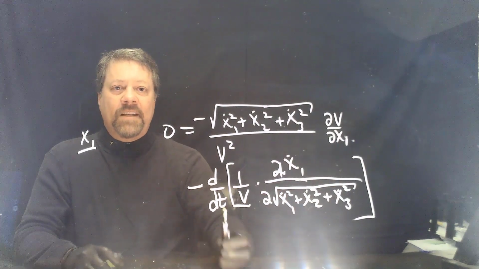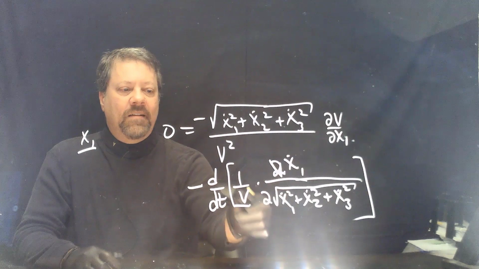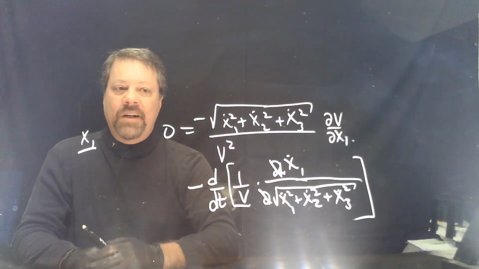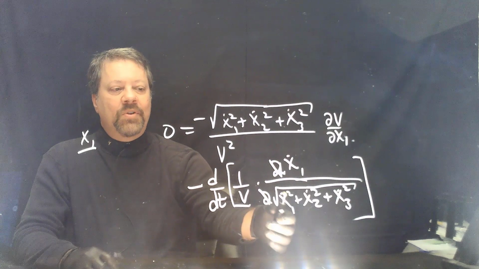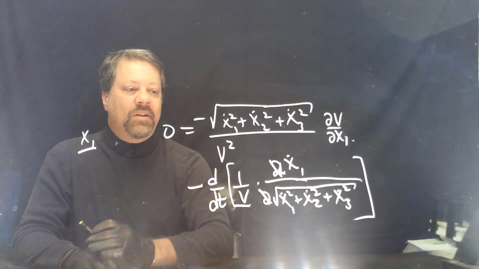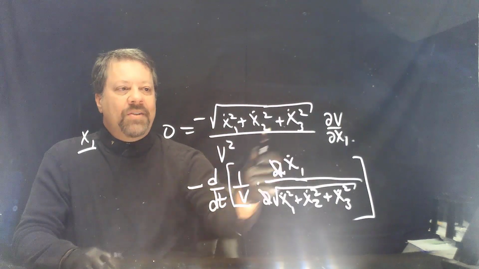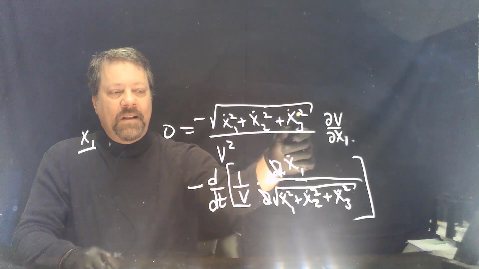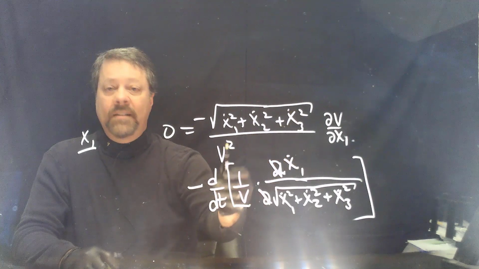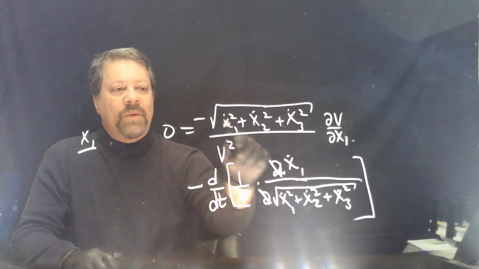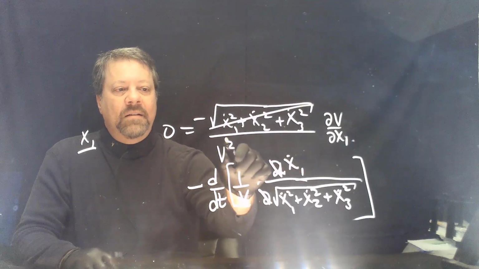There are some things we can do to simplify this expression. Clearly, we can cancel a couple of 2's here before using the product rule to calculate this derivative here. Also, notice that the expression in the numerator here is the same as the speed in the denominator. So we could cancel.